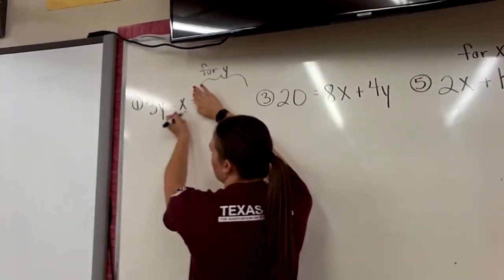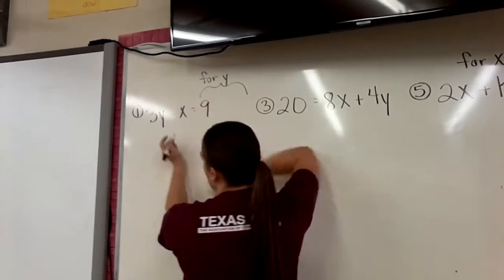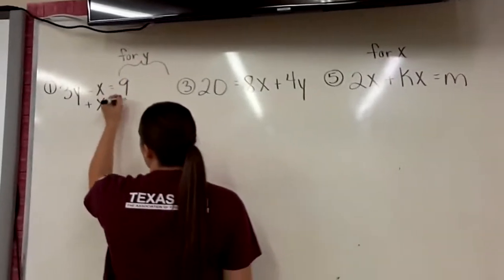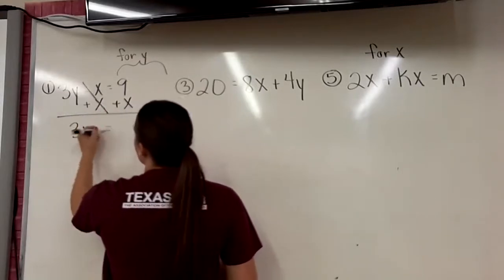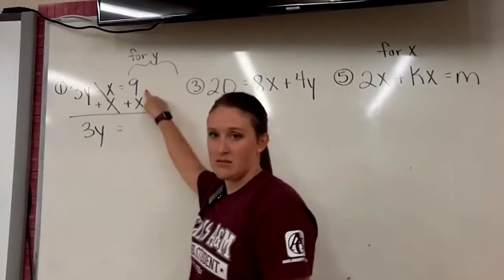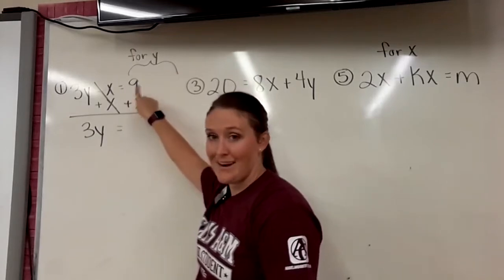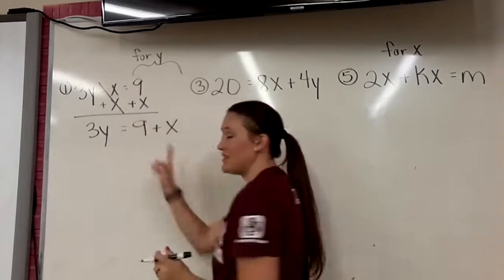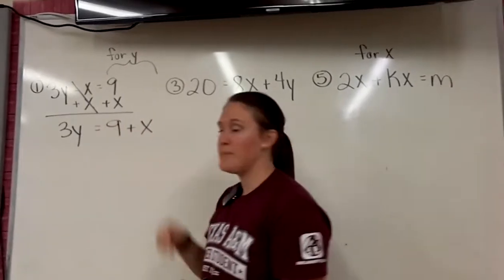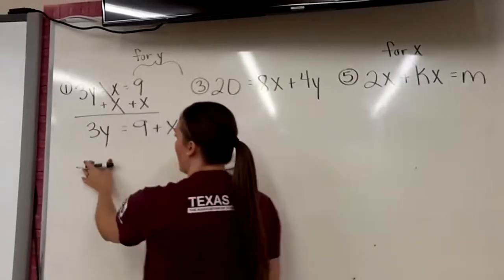You get rid of the thing that's being added or subtracted by itself first. So I'm going to add x to the other side. So I have 3y. I've moved this. Now, this doesn't have an x. This does. We can't add them. So that is where it's just 9 plus x. All we did was move it to the other side. Okay? So now I have 3y equals 9 plus x.